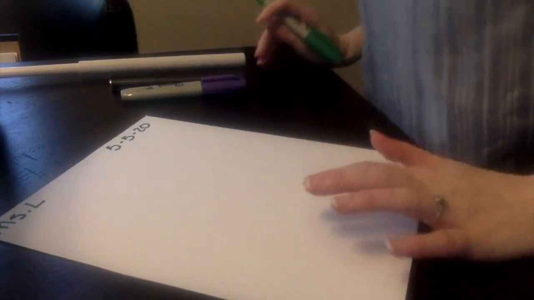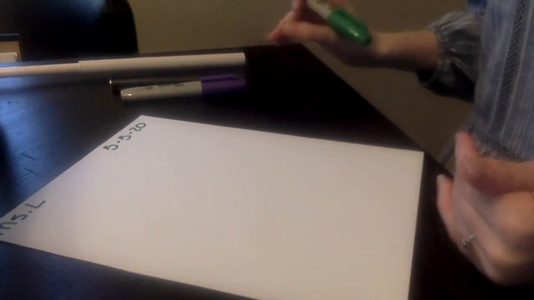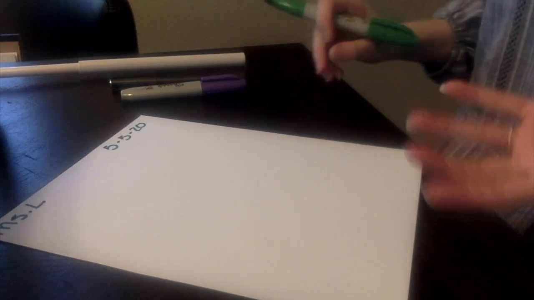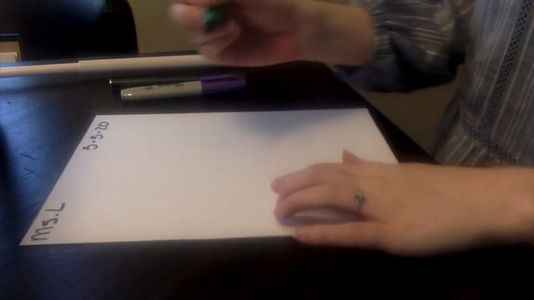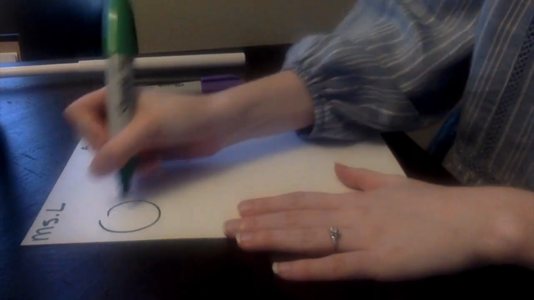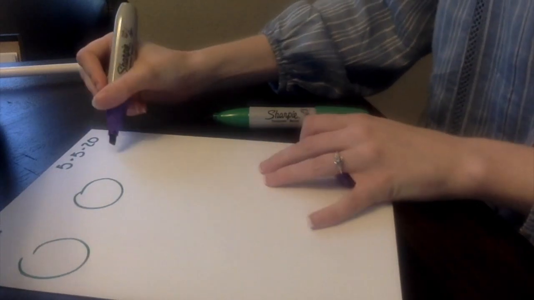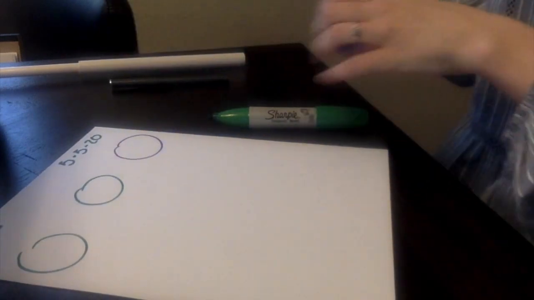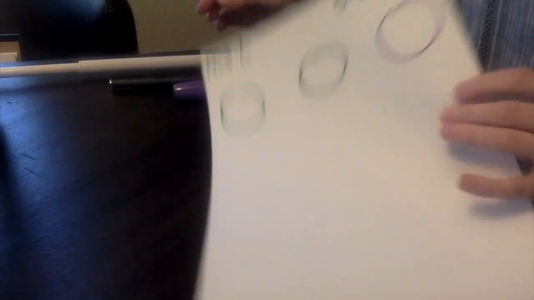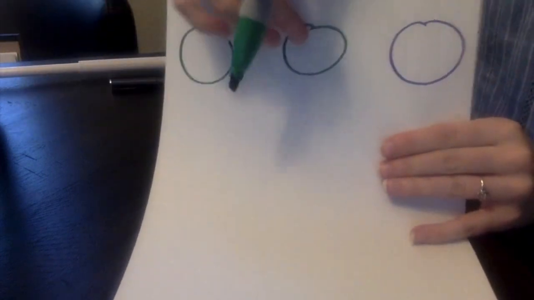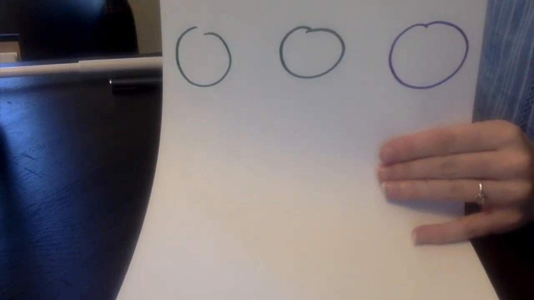And now on our graphic organizer this week, we're going to make some math equations. I'm going to start with a bubble and a bubble and I'm going to make a different color bubble on the end. I've got 1, 2, 3 bubbles.